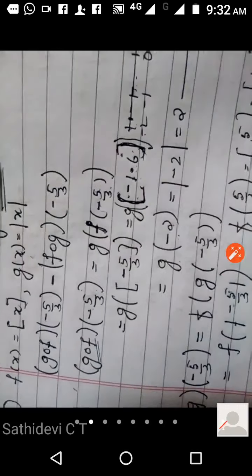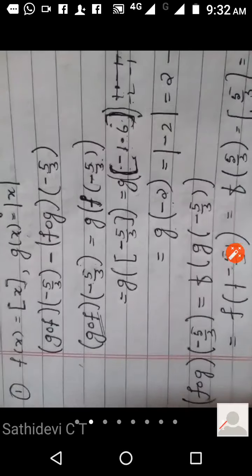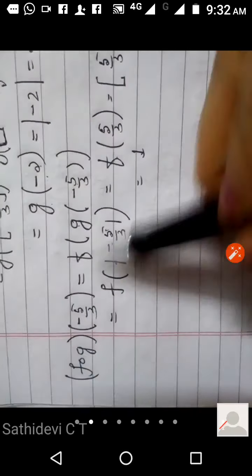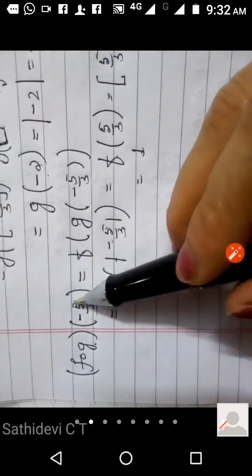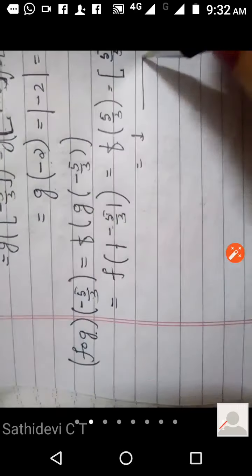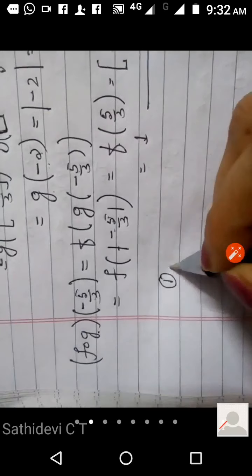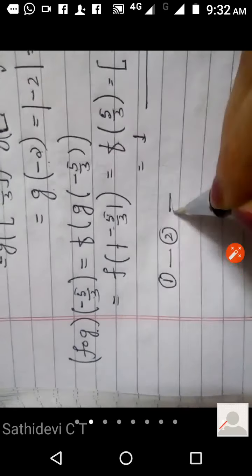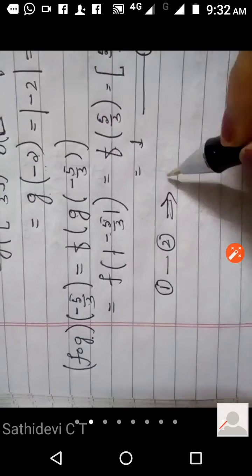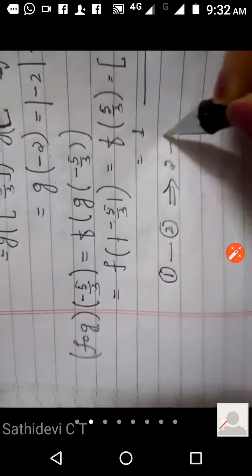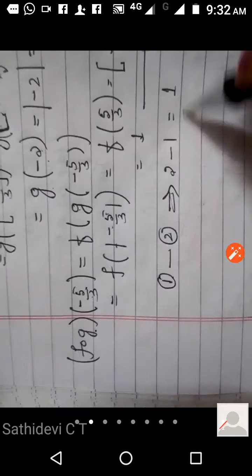So here the second answer is 1. Thus F composite G operated on minus 5 by 3 is 1. This is the second part. So the required answer means you do 2 minus 1; the first value was 2 and the second value was 1. So the final answer is 1.